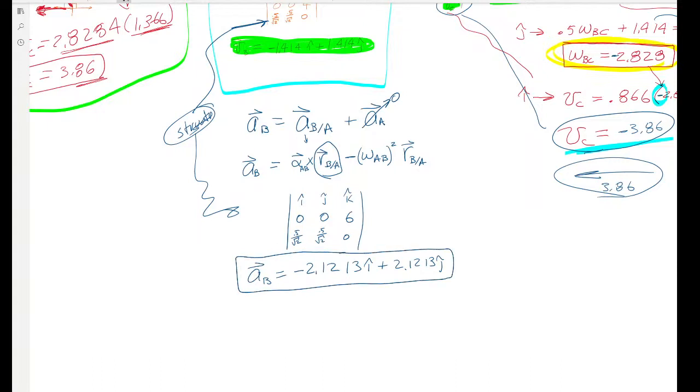Now, check along the way. If I multiply this number times this number, and then add that to this number multiplied times that number, essentially what I'm doing is figuring out what this dotted with R_BA is.